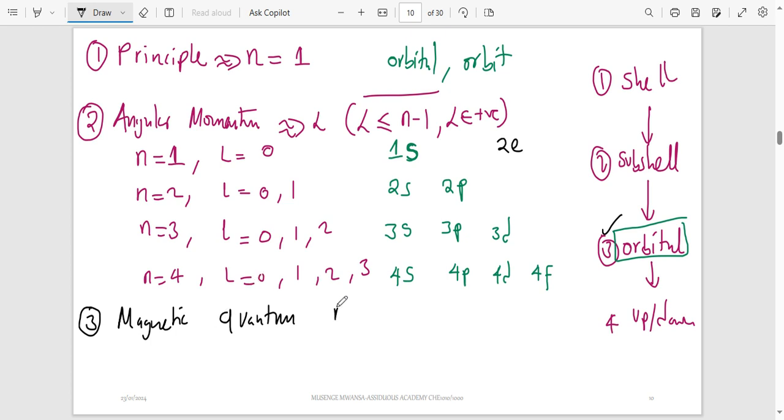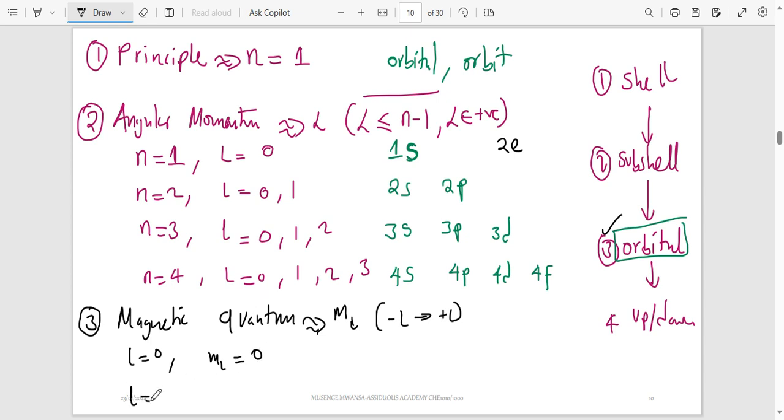It is represented by m with an l down. The magnetic quantum number is a number between negative l and positive l. So let's say when l is equal to 0, it means that ml will also just be 0.